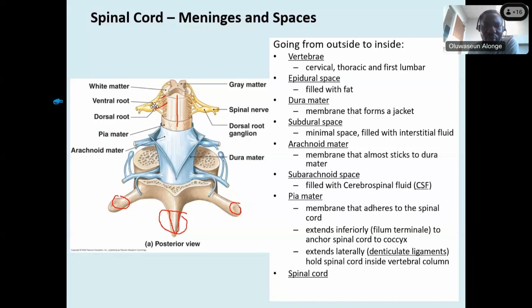You see, these are the posterior root of a nerve. Posterior root coming from this spinal area, another posterior root coming from here, and they merge to form what we call spinal nerve. All right. So you have this anterior root carrying motor information, posterior root carrying sensory information, and sensory information means information coming from the senses, meaning information perceived by your senses, by perception, sense of touch, smell, pain, all of those senses carry information through the posterior root.